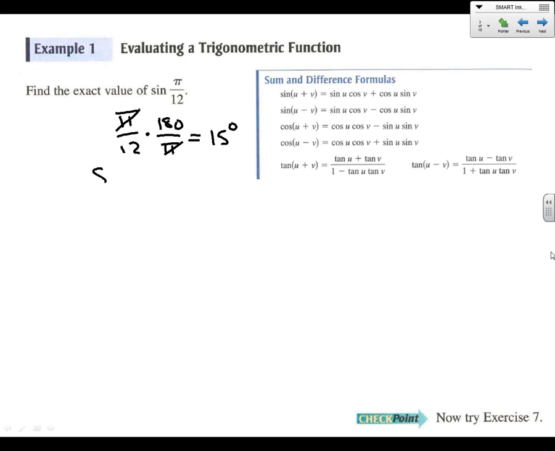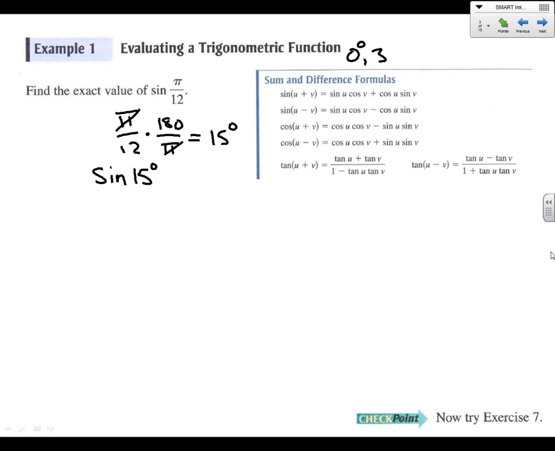So now the question is, how do we get the sine of 15 degrees? And we want an exact value, so we can't just plug this into our calculator and get the decimal approximation. We need the exact value, which means we need to use some numbers from our unit circle. Let's remember some angles on our unit circle.